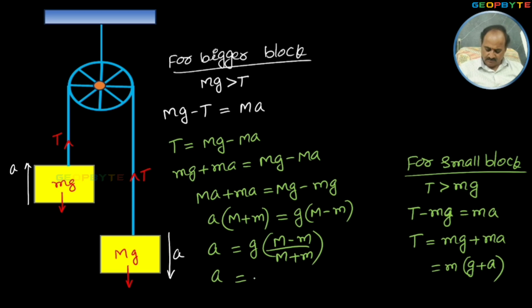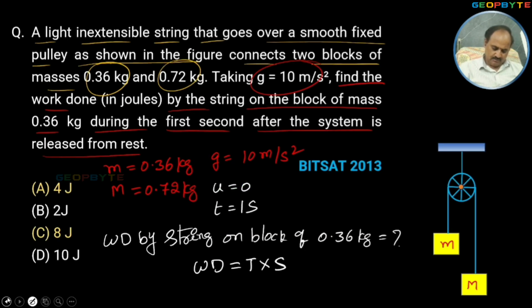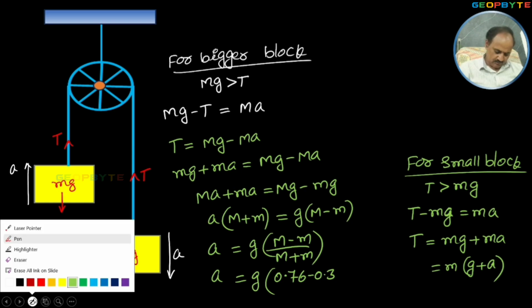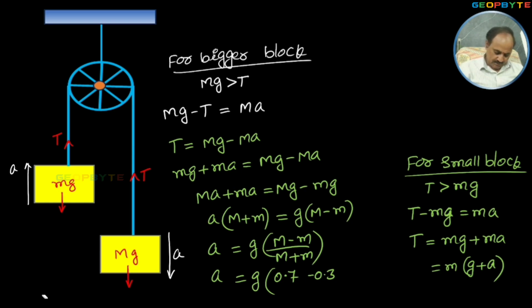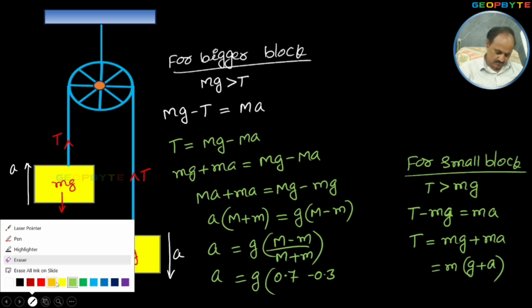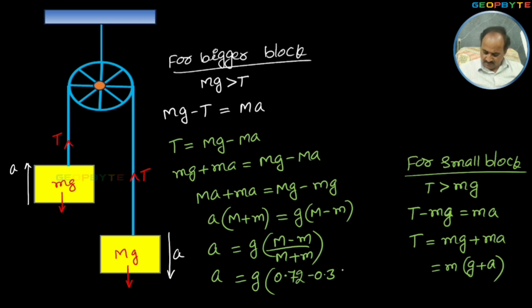So, acceleration equal to g into capital M 0.72 minus 0.36, 0.72, should be very careful, divided by 0.72 plus 0.36.